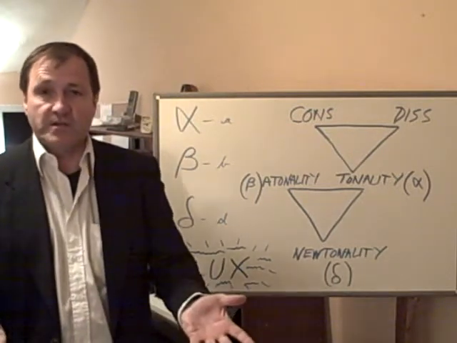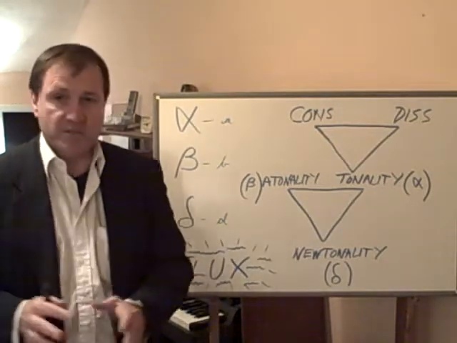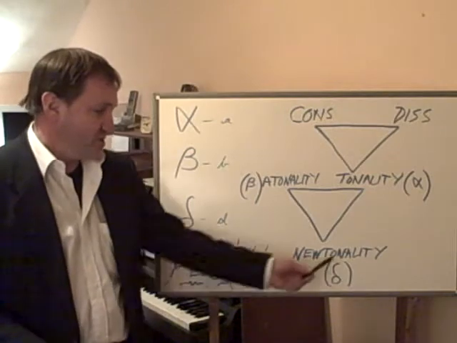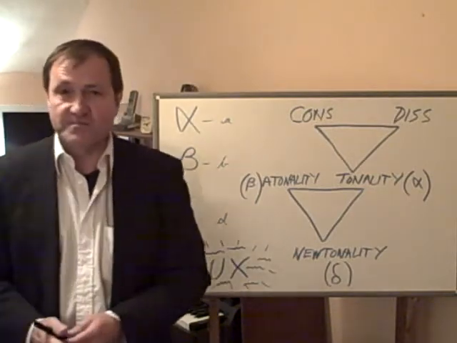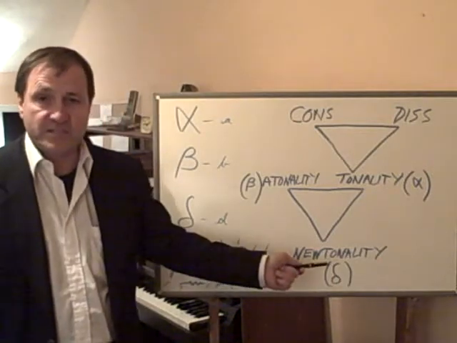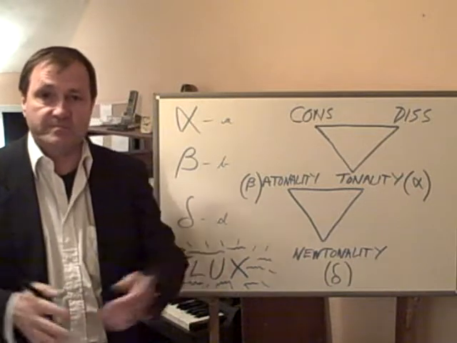You can call it what you like. I call it Newtonality because I have a minor obsession with Isaac Newton, and it's just a good word. It's a nice little word. It describes this fifth state in a particularly apposite way.